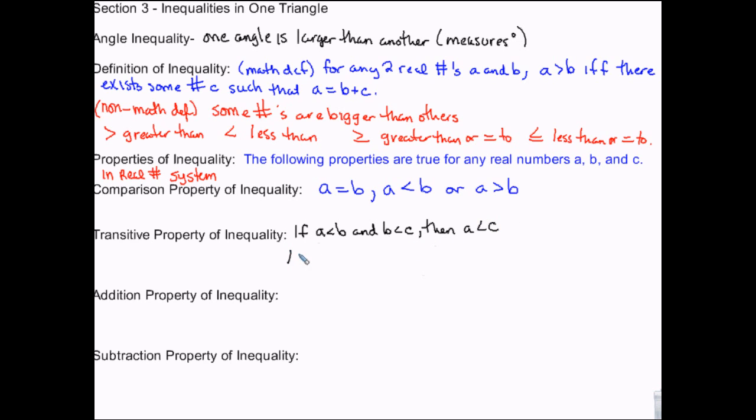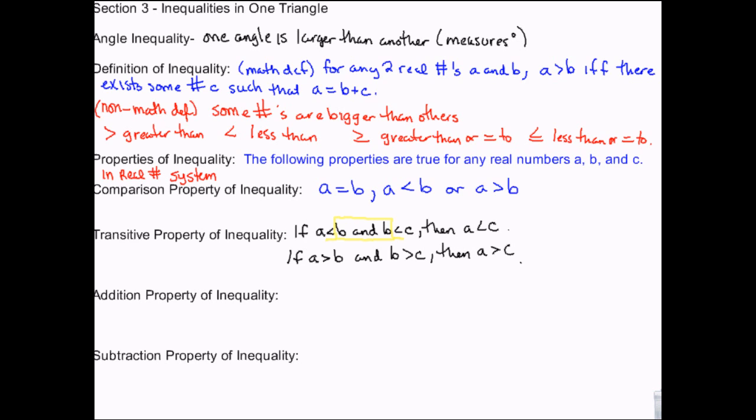Or if A is greater than B and B is greater than C, then A is greater than C. Okay. And again, the way you recognize transitive when you see it is this bit in the middle that matches B and B. And then these signs have to be pointing, the arrows have to all be pointing the same direction. Okay, but that's transitive property.